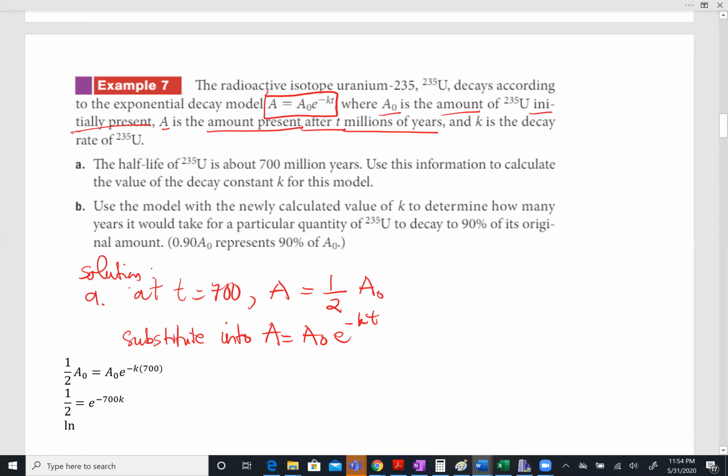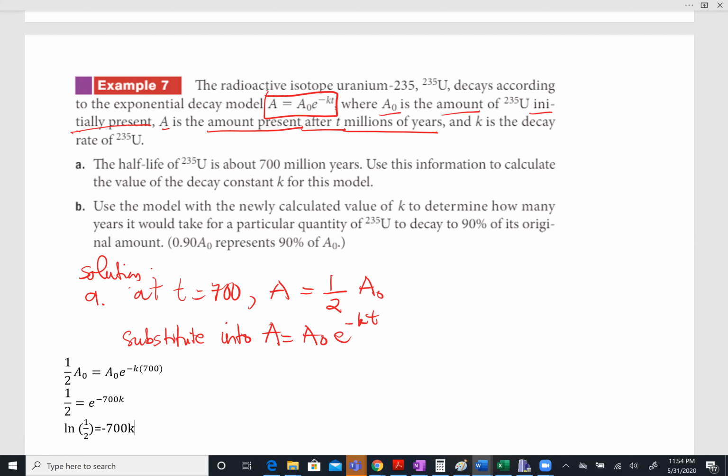So ln of 1/2 is going to be equal to negative 700k.